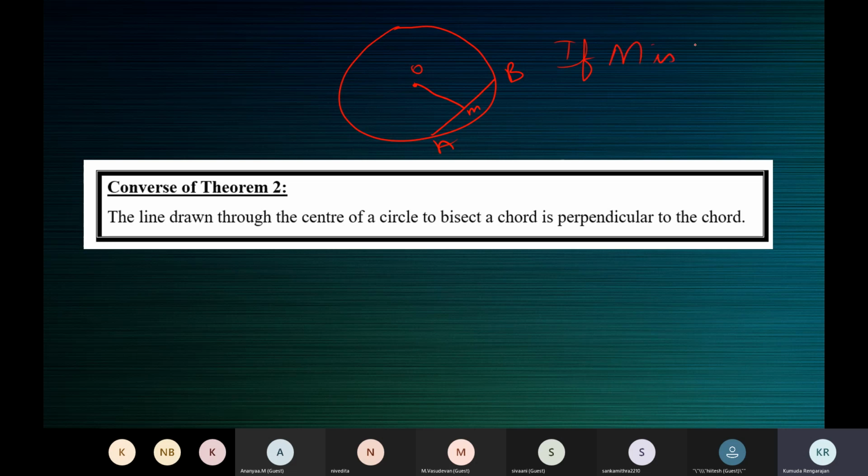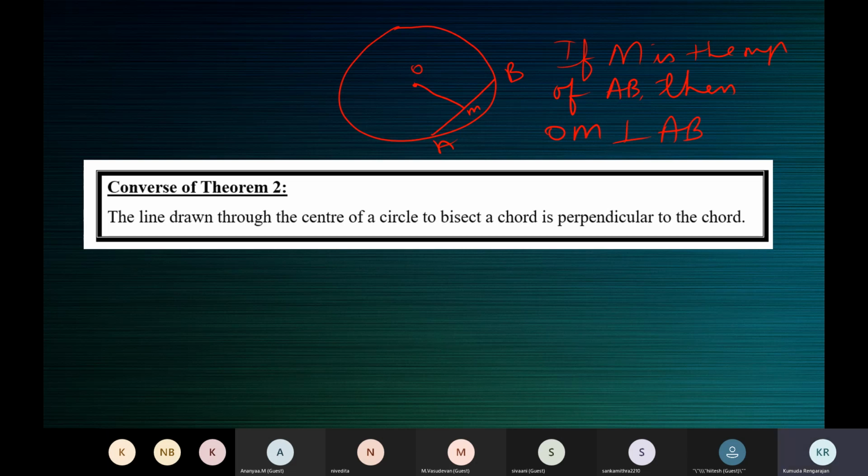If a line is drawn from the center of the circle to bisect the chord, then that line is perpendicular to the chord.